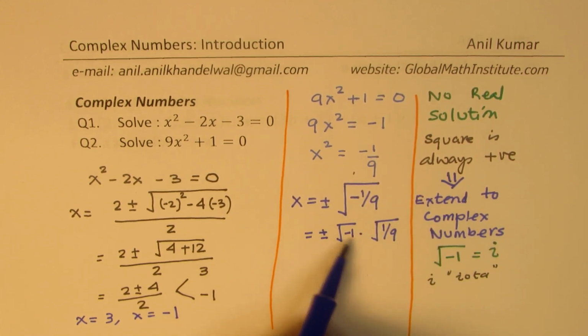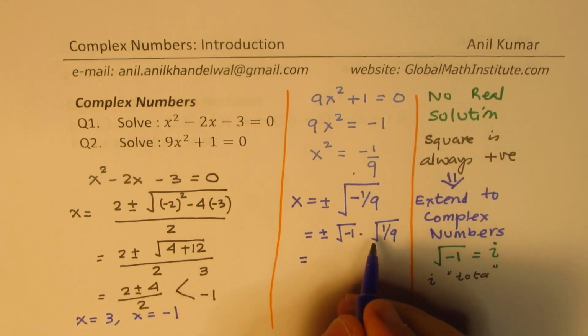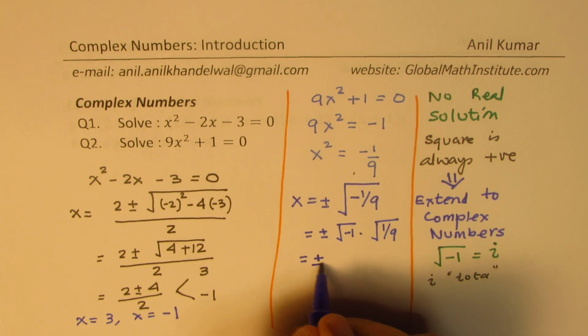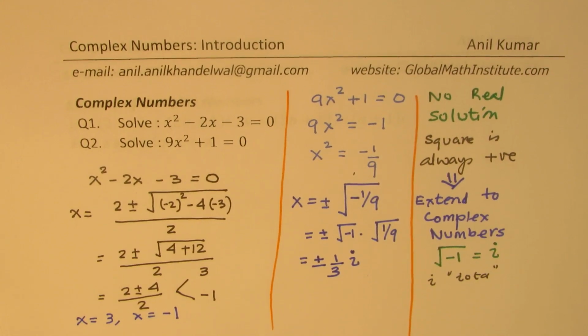Now the square root of negative 1 is iota for us in the set of complex numbers, and the square root of 1 over 9 is 1 over 3. So we can write this as plus minus 1 over 3 i. Correct?